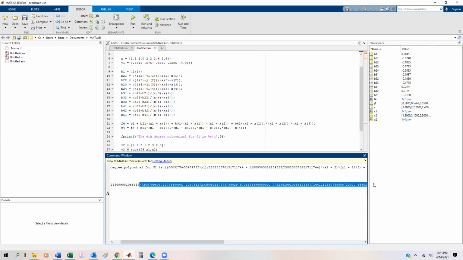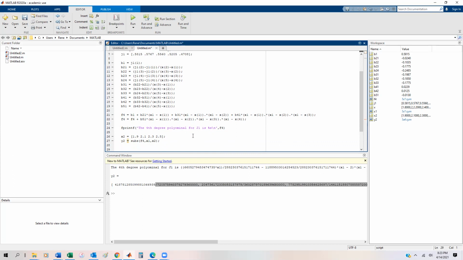Now we have no idea what these are. So we're going to make a for loop and we're going to print those out.